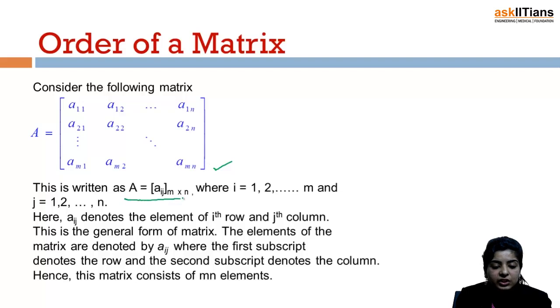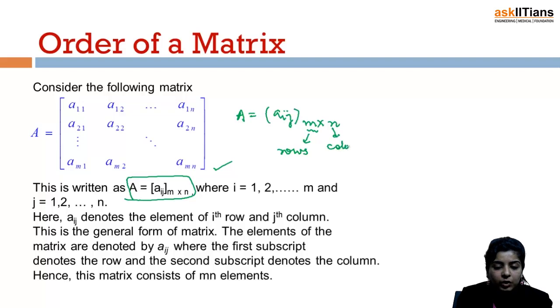This is generally denoted as A equal to [aij] m cross n, where m denotes the number of rows while n denotes the number of columns. So you just need to remember, when we write [aij] m cross n, the first subscript m denotes the number of rows while the second one denotes the number of columns.